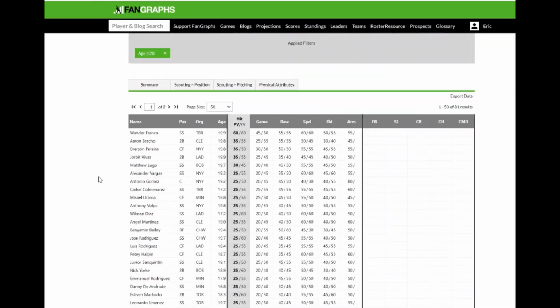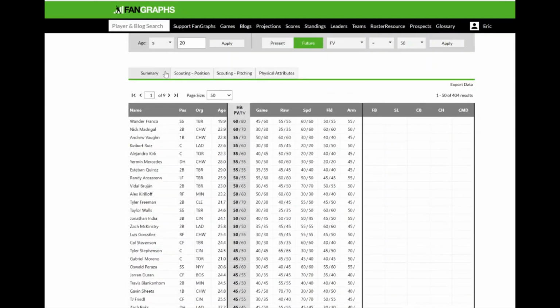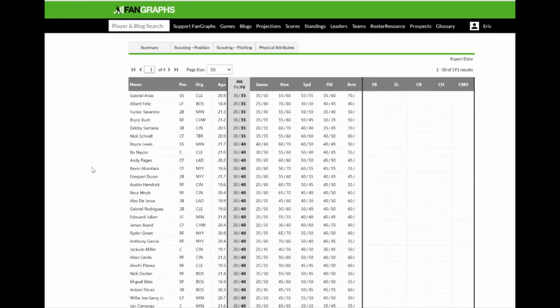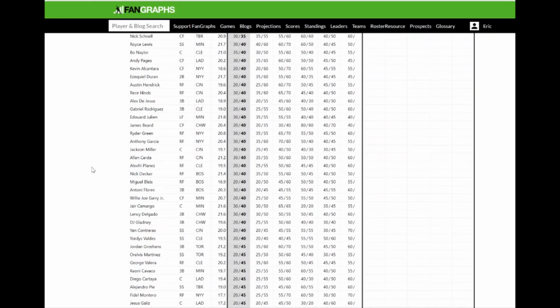And then the same thing applies for what I call college-aged hitters. So any player basically between age 20 and 22, I'm doing the same thing for them, except it's with the 30 and the 35 rather than 20 and 25. So here's basically the same premise for the 20-year-olds, right? You can see Lency Delgado, Jair Camargo.